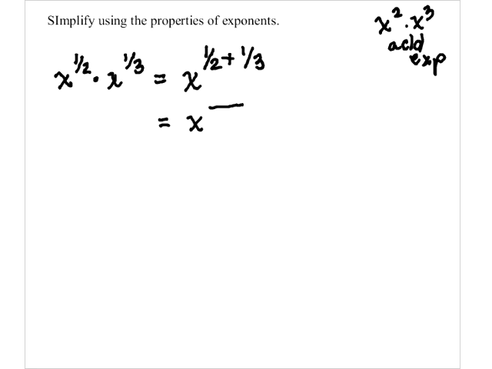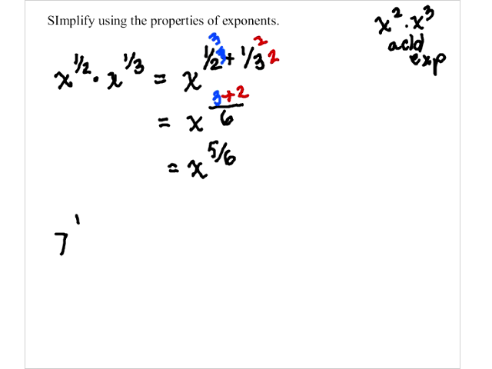The common denominator is 6. So to make 2 into 6, we'd have to multiply by 3 over 3, which gives me 3/6. To make 3 into 6, we'd have to multiply by 2 over 2, which gives me plus 2/6. So in simplest form, that would be x to the 5/6. Okay? And that's all you can do, because you don't know the value of x.